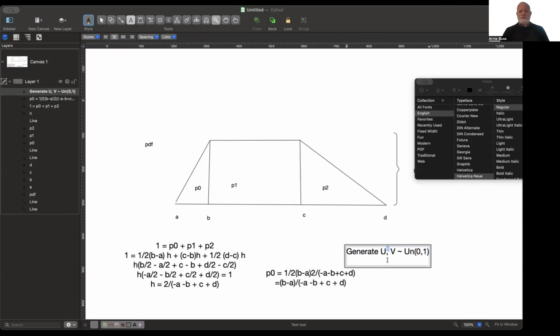And then, if U is less than P0, then X is equal to A plus B minus A times the square root of V.